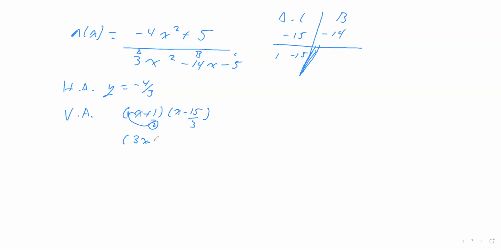So this is 3x plus 1. 15 divided by 3 is actually 5. So that's x minus 5. And as you can see, it can't go into any of these at all. So I just take these and set them equal to 0. So this gives me x equals -1, which is then -1/3, and this is just x equals 5.